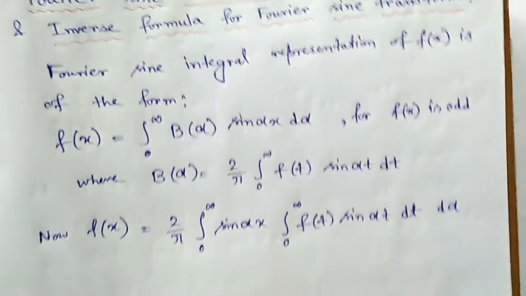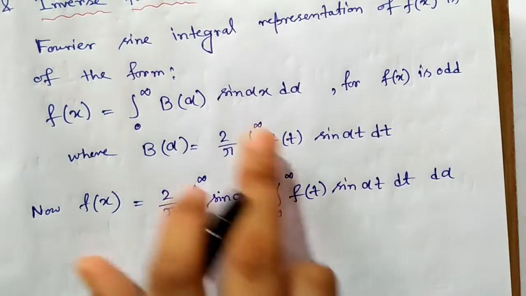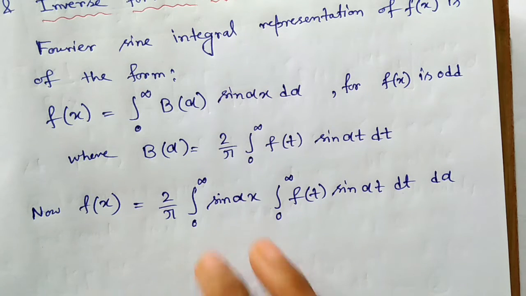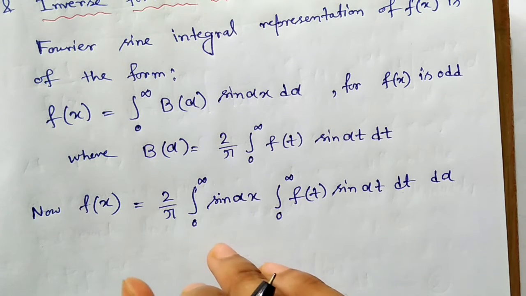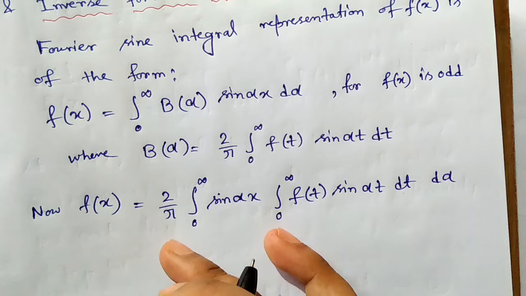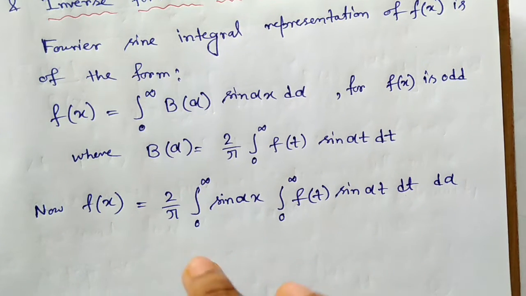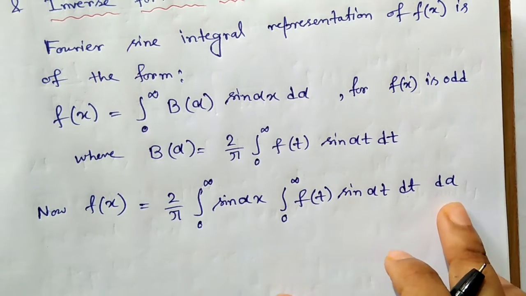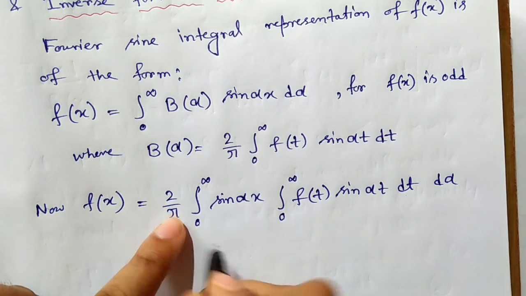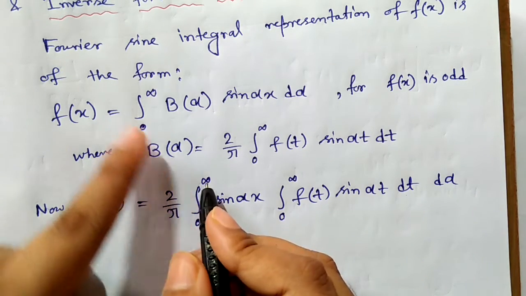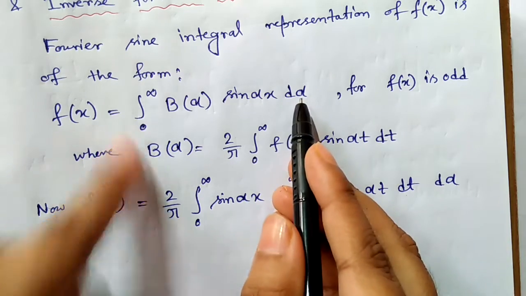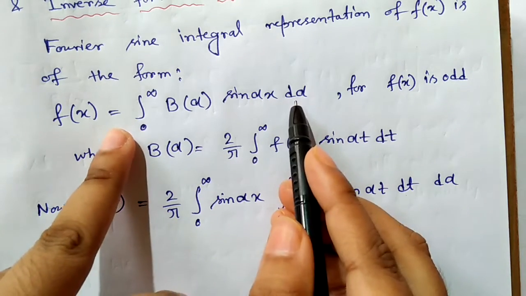Why have I written it in this way? Because here we see two integration signs, and these correspond to dt and d alpha. The first integration 0 to infinity corresponds to the integration with respect to alpha, that is d alpha.